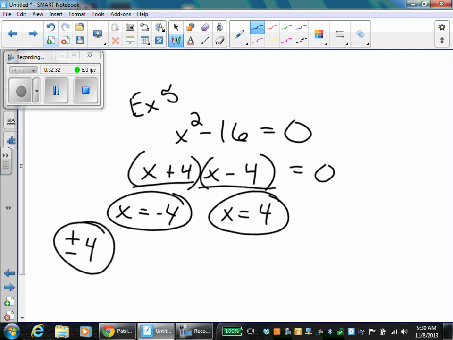So make sure you know that that just means positive or negative 4 is your answer. That's a positive 4 and that is a negative 4. It means your answer could be either one. And you'll see it more on Monday because it's in our formula on Monday. Negative b plus or minus square root of b squared minus 4ac all divided by 2a. So, that's Monday.